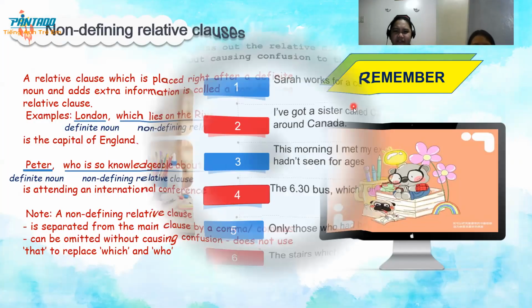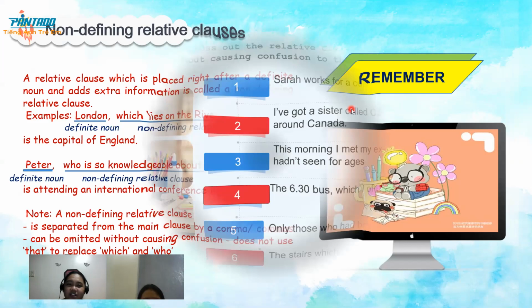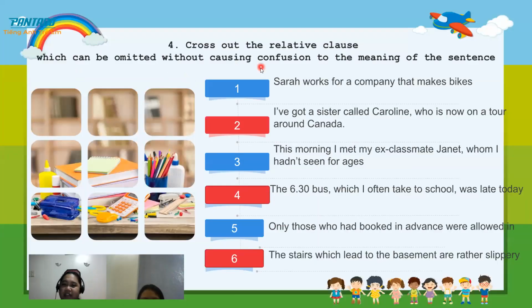So we have here an activity. Cross out the relative clause which can be omitted without causing confusion to the meaning of the sentence. All right, I will give you an example.